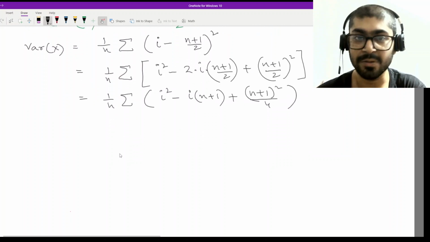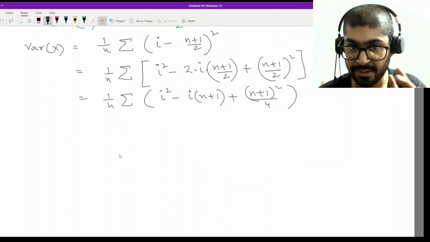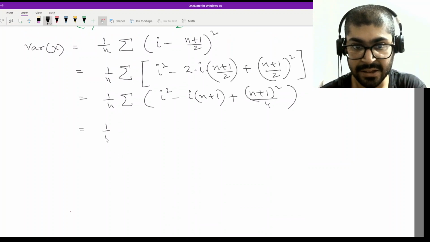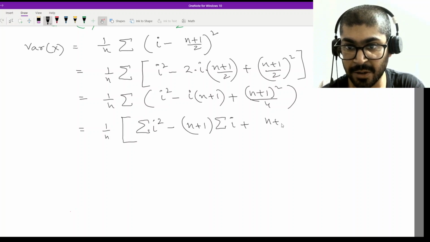Now the sigma is distributed over i only, so I don't need to bother about n. Let me keep 1 by n outside. Let me redistribute the sigma, that will be better. So sigma i square minus (n plus 1) into sigma i plus (n plus 1) whole square by 4 into sigma 1.